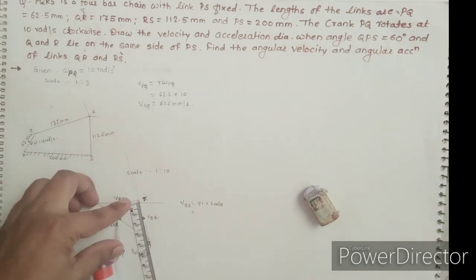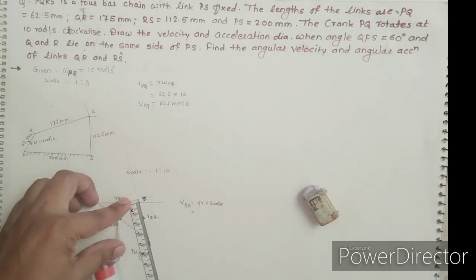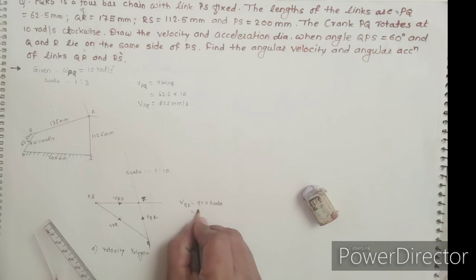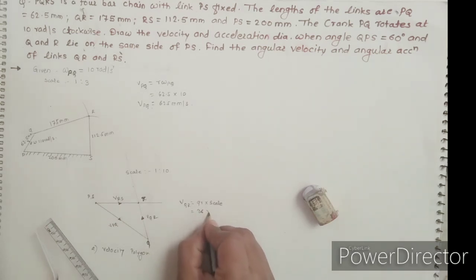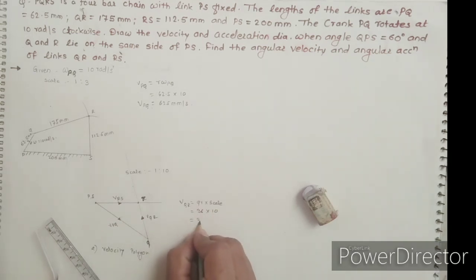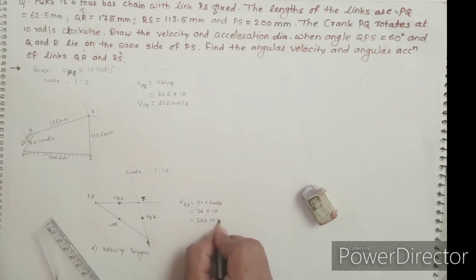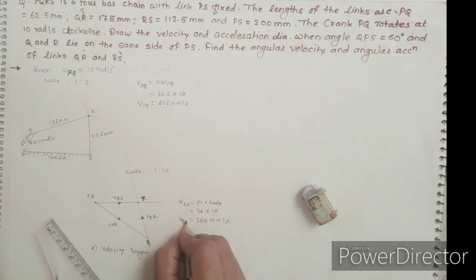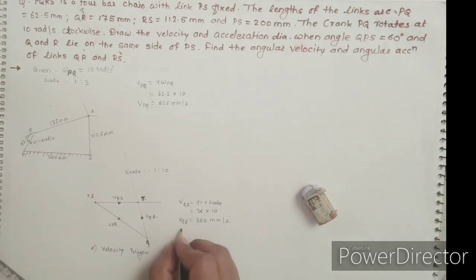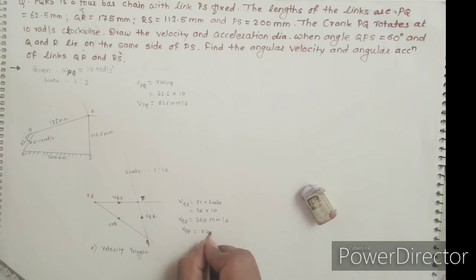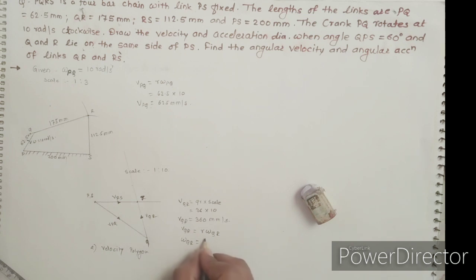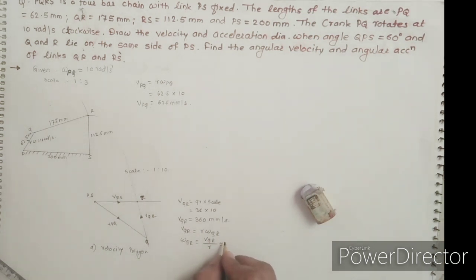Measure the QR, which is 3.6. 3.6 means 36 mm. 36 mm into scale, that is 10, is equal to 360 mm per second. VQR equal to 360 mm per second. So we know that VQR is equal to r omega QR. So omega QR equal to VQR upon r, equal to 360 divided by r.